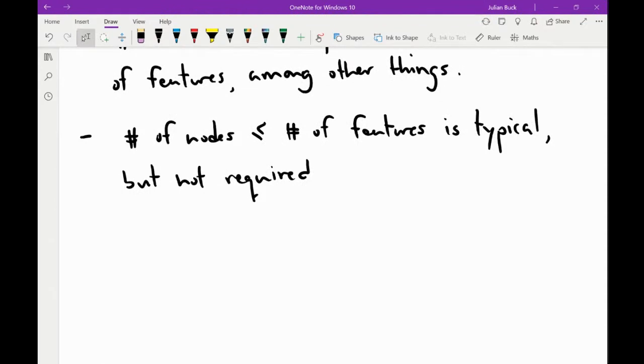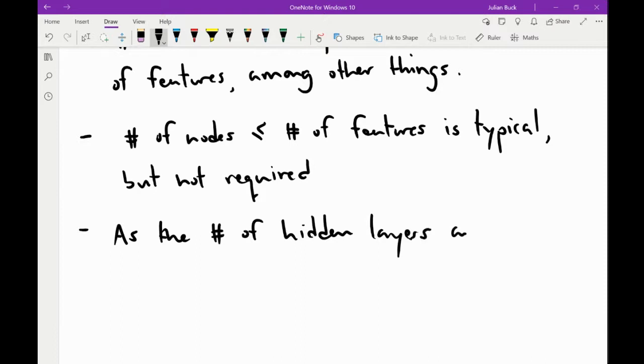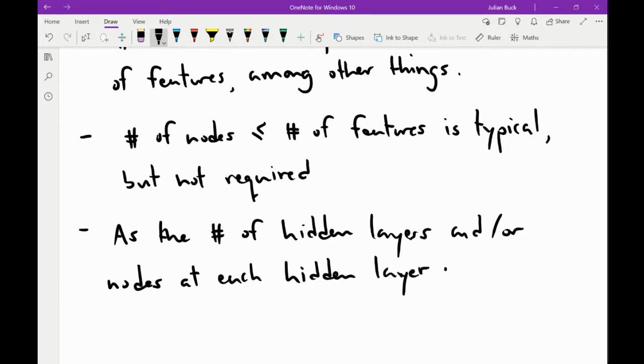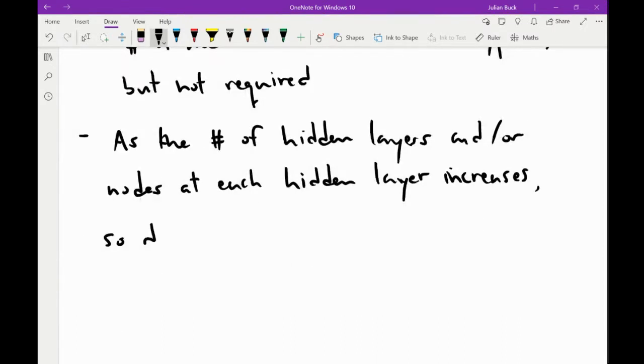Okay. Now, you might say, well, why not just keep adding, go deeper and deeper, more hidden layers, more and more nodes? Well, as the number of hidden layers and or nodes at each hidden layer increases, so does the computational complexity.